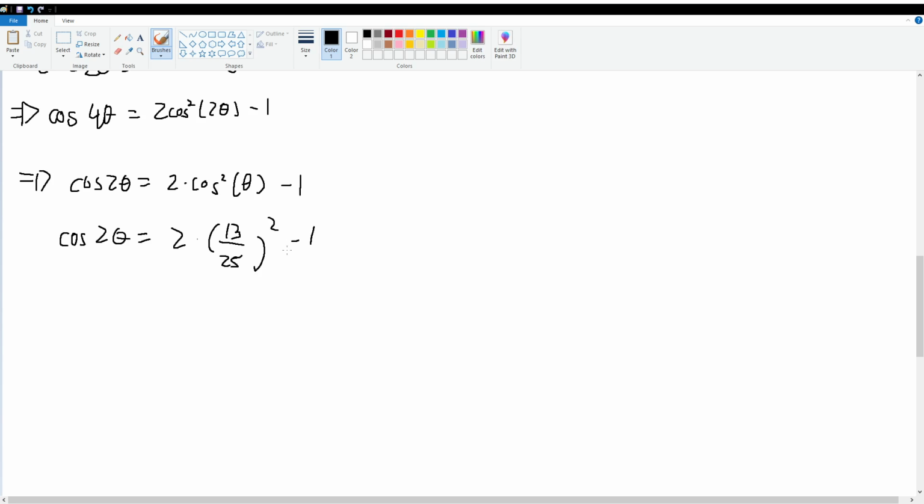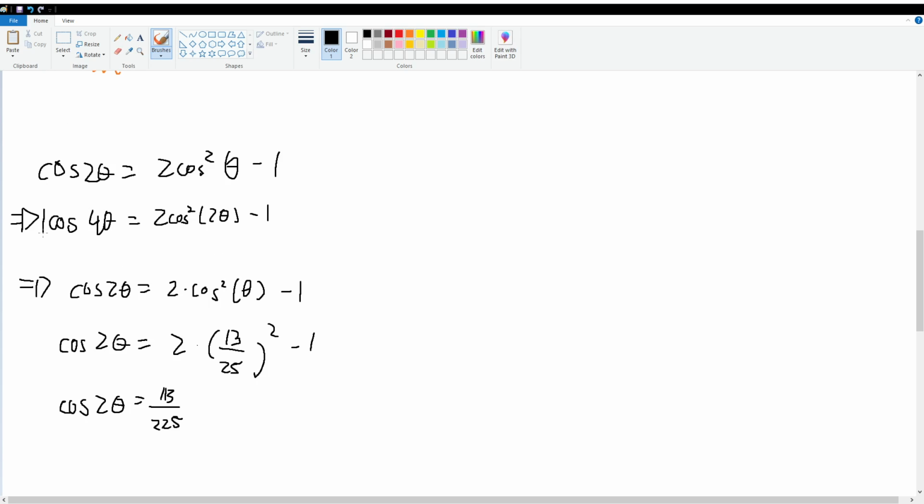And this should give me cosine of 2 theta equals 113 over 225. I'm going to be skipping a lot of algebra because I feel as if that's not really the goal here. I feel like the goal is mostly the logic rather than the algebra itself.